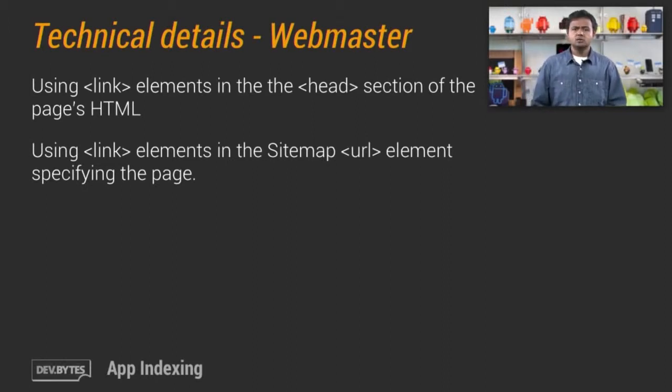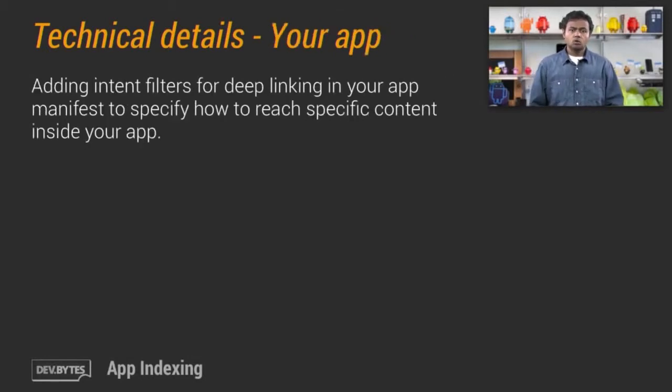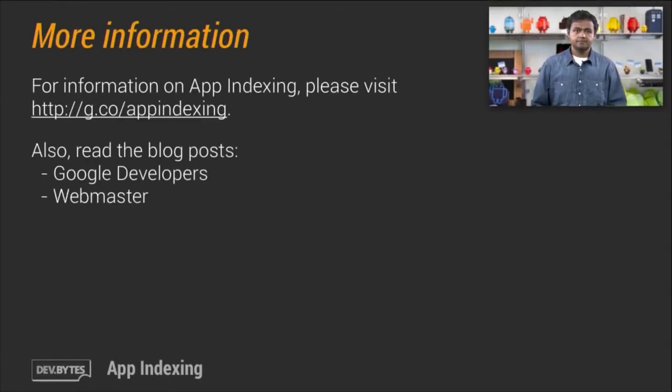And again, for more details, please read the blog posts that will be released. In order for Google to index the content in your application and for users to enter your application from Google Search results, you must specify intent filters in your application manifest that define how to reach specific content inside of your application. And again, for more details on doing this, please reference the blog posts.